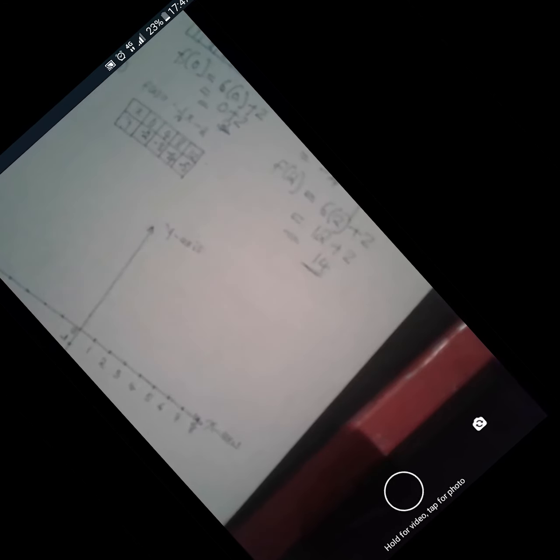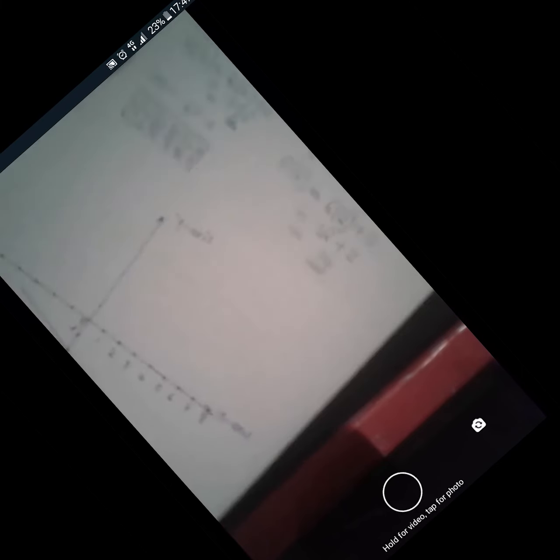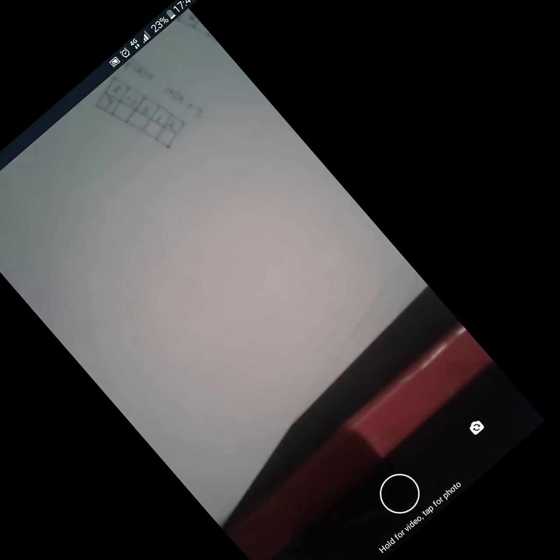Excuse me, sir. Okay. What about a case where we've been given an equation and there's no constant? Let's say the constant b is not there. Is it still a linear function?